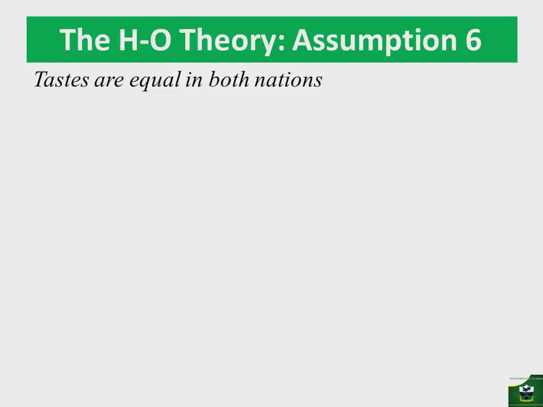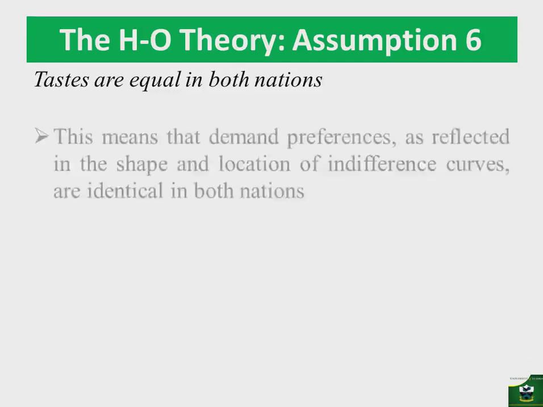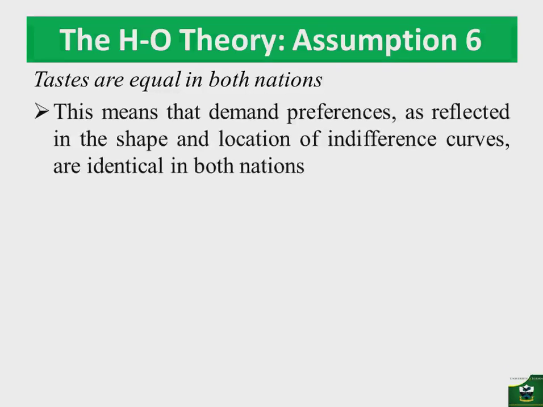Assumption 6 that we make here is that tastes are equal in both nations. And if tastes are equal, this means that the demand preferences, which we depict using indifference scales, are identical in both nations. That is, both nations have identical tastes when it comes to their consumption patterns.